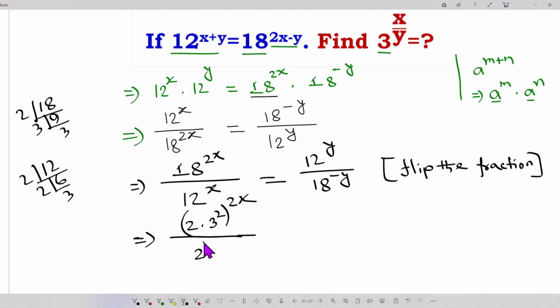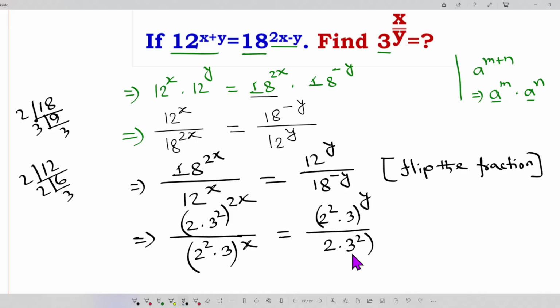It means 2 square times 3 to the power x. Same thing also in here, 12 we can write 2 square times 3 to the power y divided by this 18, 2 times 3 square to the power minus y.